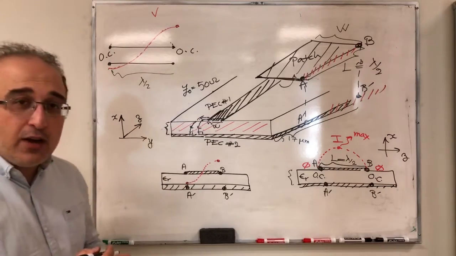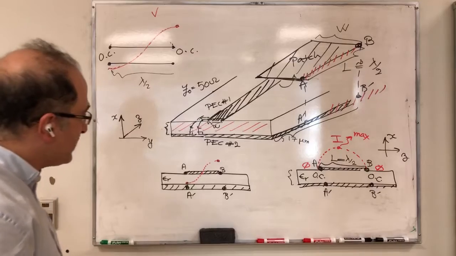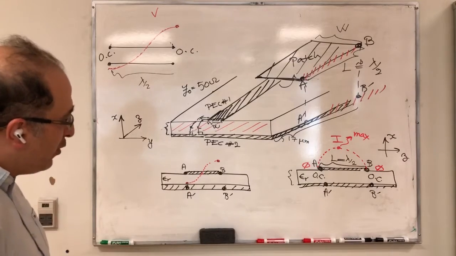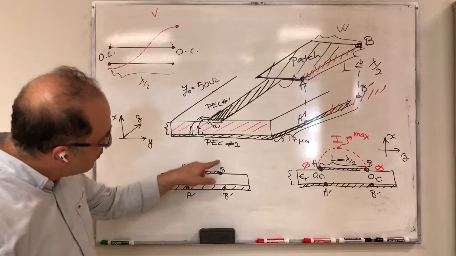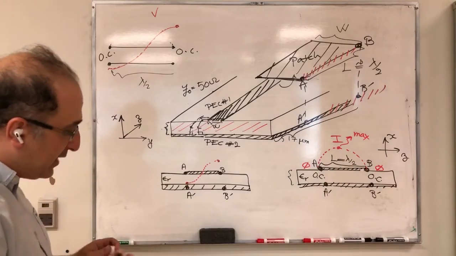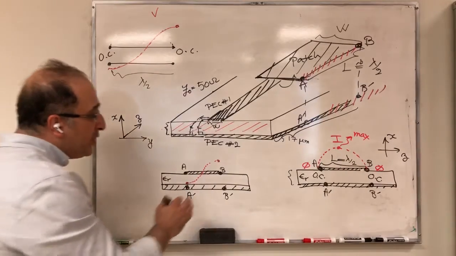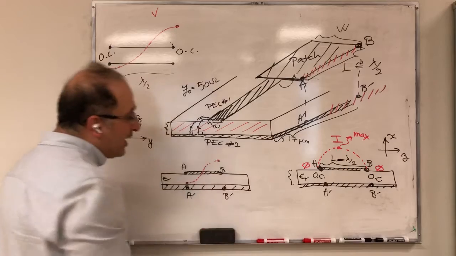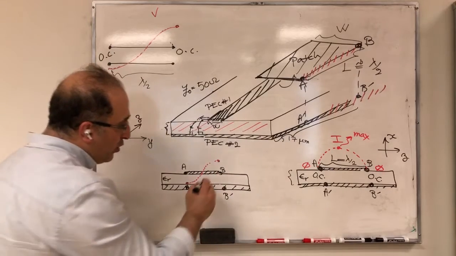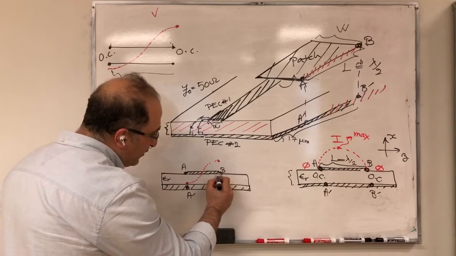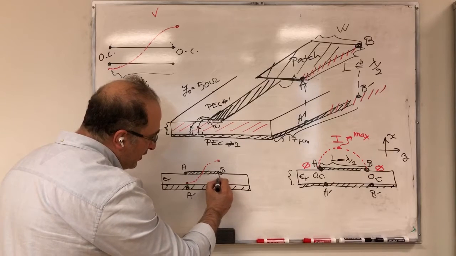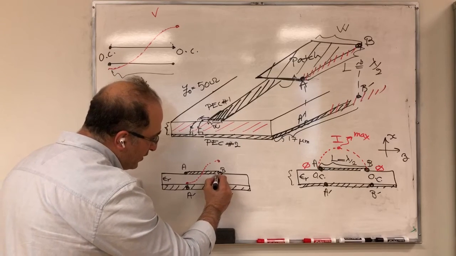Now let's continue with the voltage discussion. If this is my voltage, that essentially means I have maximum voltage at my open circuit, and therefore you're going to get a very strong electric field between these two. So that would be lots of electric field here.